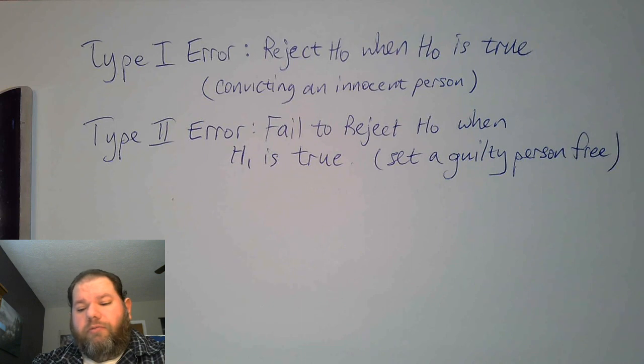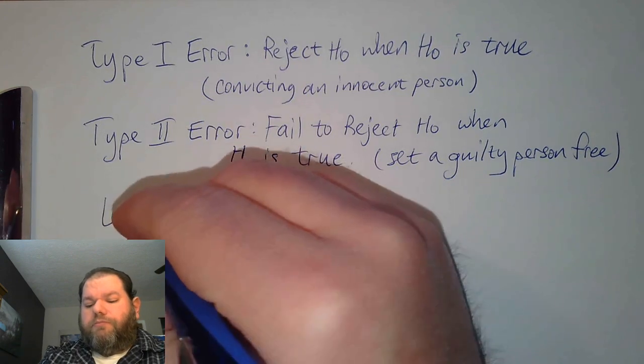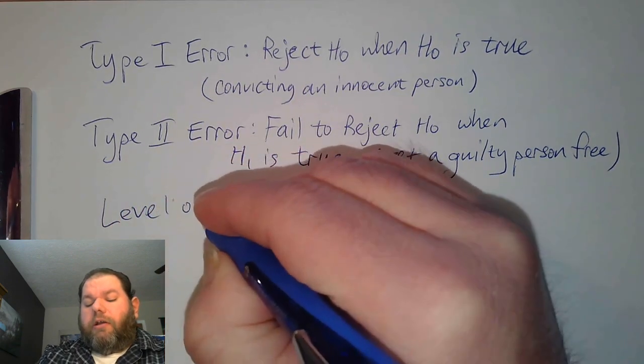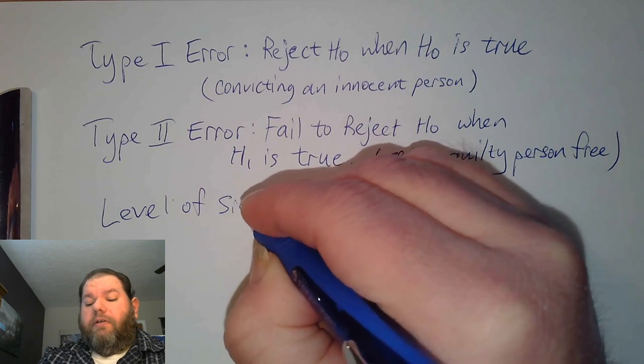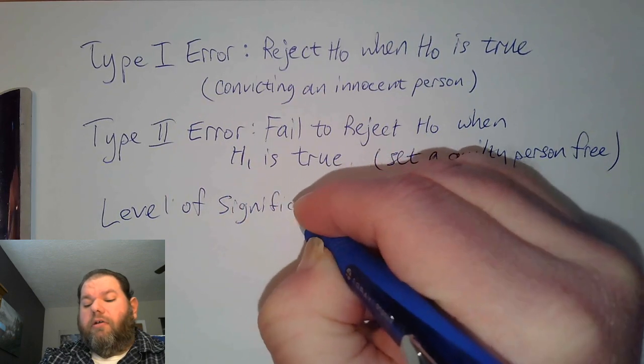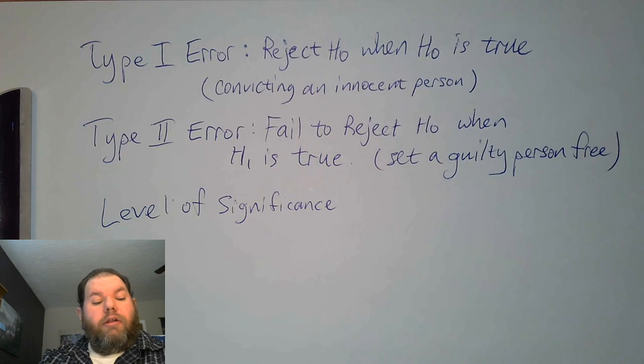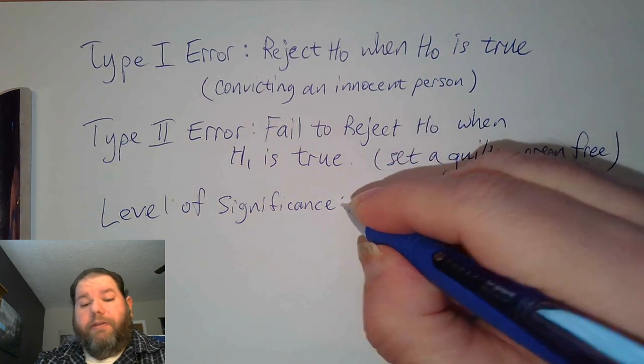Now, we have what's called the level of significance, which is one thing that does affect how our hypothesis test works. Level of significance: this is the maximum probability of making a type 1 error that we're comfortable with in a hypothesis test.